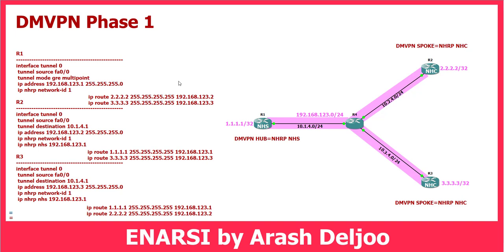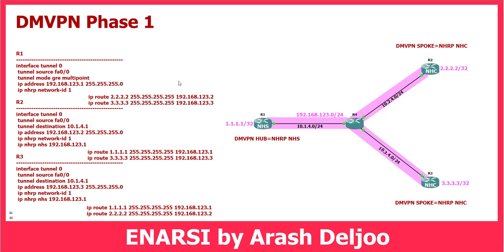As you can see here, we have three routers, R1, R2, R3 in the overlay, but router 4 is residing in the underlay. Because of that, we will have one DMVPN tunnel, and in this DMVPN tunnel the hub router is R1 and the spoke routers are router 2 and router 3.